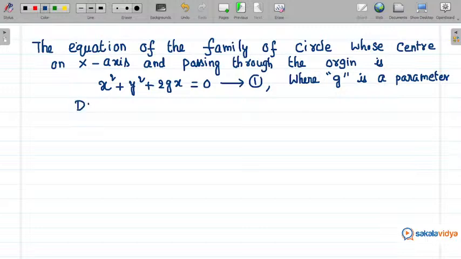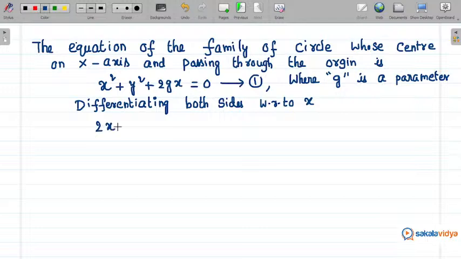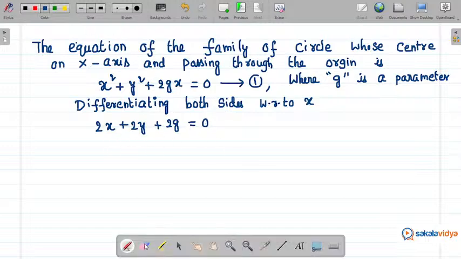So, differentiating both sides with respect to x, then what do we get? See, x square differentiation is 2x plus y square differentiation is 2y plus 2g, g is a parameter and x differentiation is 1, equal to 0. Here, my dear students, remember, we made a mistake here.